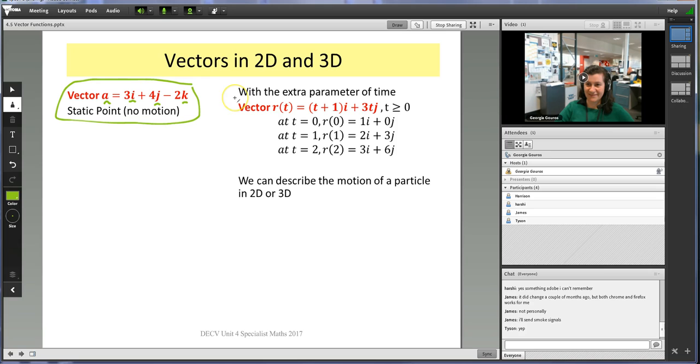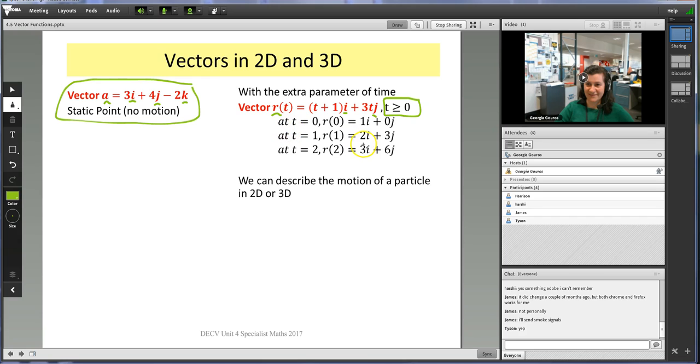When we have vector functions, each i, j, k component can be represented by a function of time. So for example, this is a vector as a function of time, a vector that changes over time, and you can see the i component is t plus 1 and the j component is 3t, where t is time and time is greater than or equal to 0.